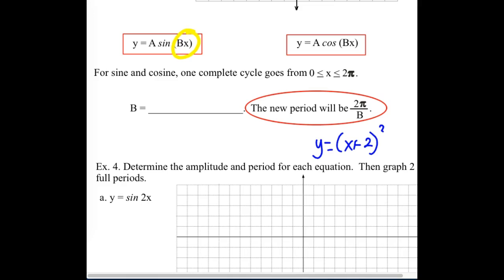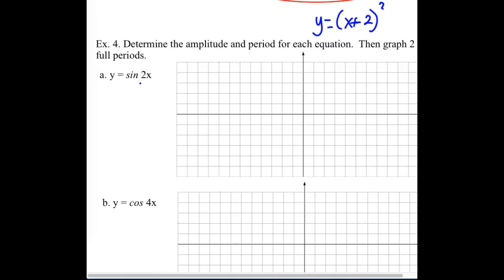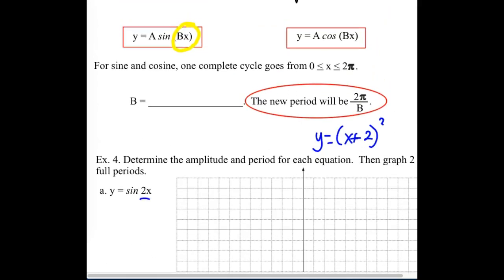If we see a +2, we actually move left. So horizontal things are always kind of opposite of what they look like in the formula. What that means is when we see a number like 2, it's not making it get stretched out horizontally, it's actually compressing it horizontally. I'll show you why.